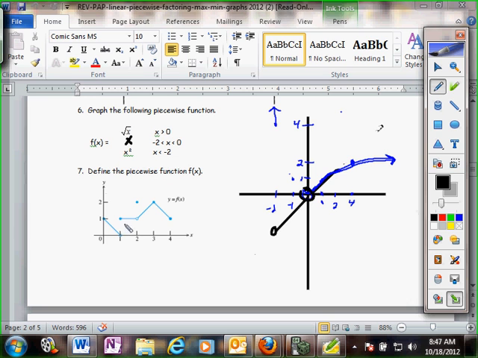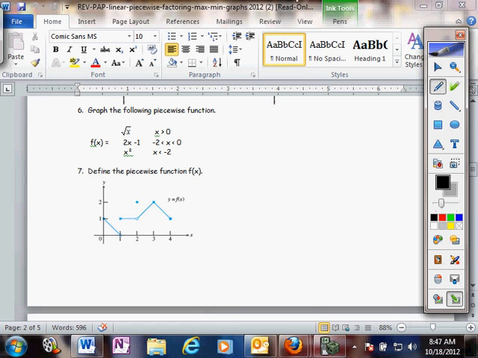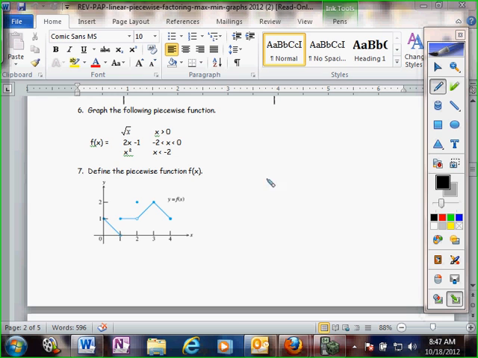Number 7, we're working backwards with piecewise. You have to look at the graph and actually write the functions. And that's basically it. I'm going to go ahead and let you work on that. I'll tell you what I'll do. I will start you. What you're doing is you're writing these functions.